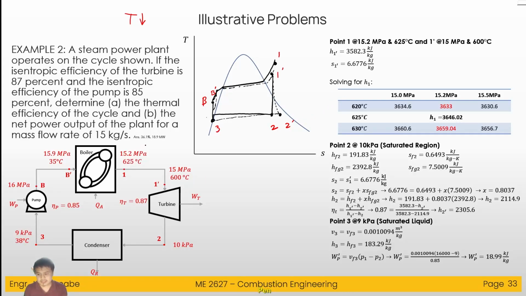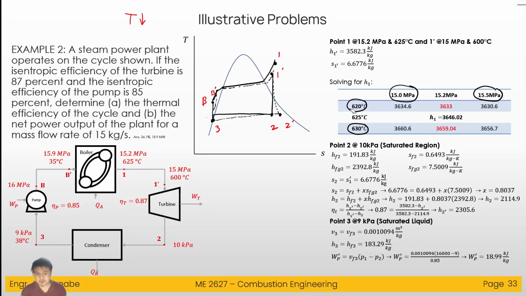But for this one, there is no specific pressure that says 15.2. Even the temperature has no specific temperature of 625. So what you have to do is interpolate in between 15 and 15.5 for the superheated table, and then 620 and then 630. So you have a double interpolation at this point, no? To find this specific point.